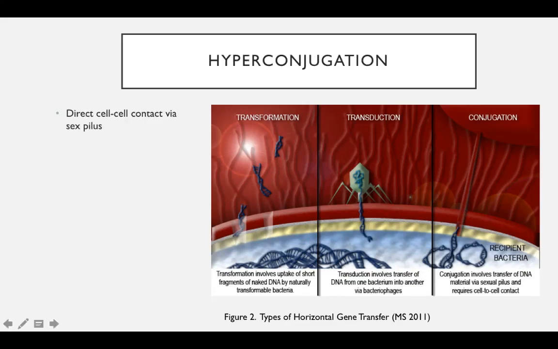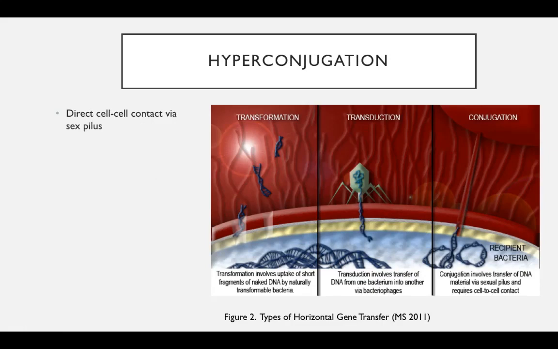So in the first case, conjugation. Right here, it's just called conjugation, kind of both ways. This is the one we saw on the slide before. You have a cell up here and a cell down here. They form this pilus, right? This is going into a little more detail, but he has the F factor, their fertility, and he can pass off, usually it's a plasmid being passed off this way. Plasmids very often have the antibiotic resistance.